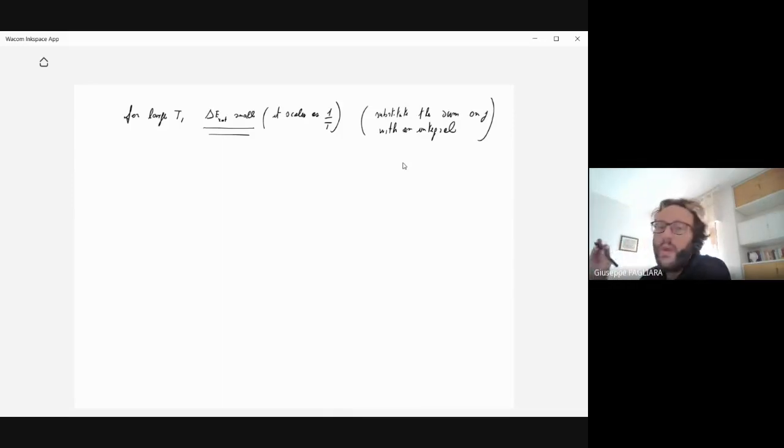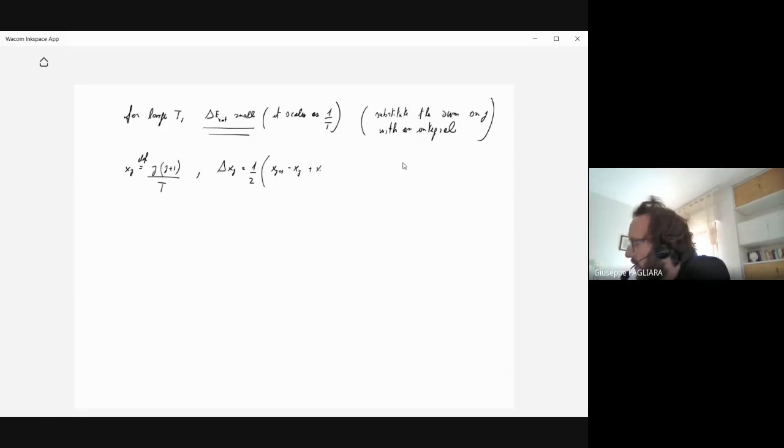But before doing that, we have to do a little trick. Let's define x_j as j times j plus 1 divided by T. And let us compute delta x_j as a sort of average as follows: 1/2 of x_{j+1} minus x_j plus x_j minus x_{j-1}. What I'm doing here is to consider the variation.